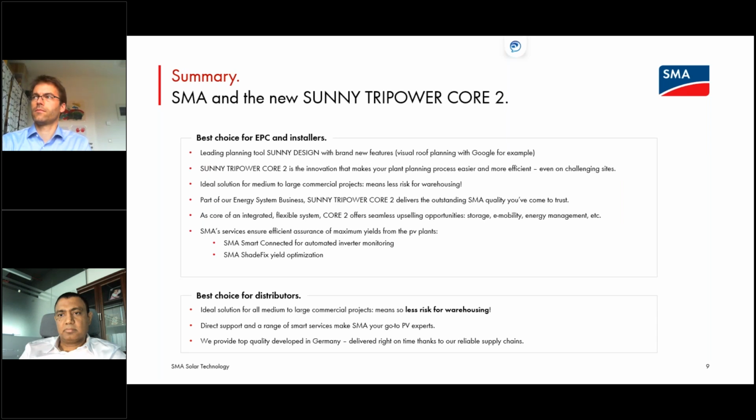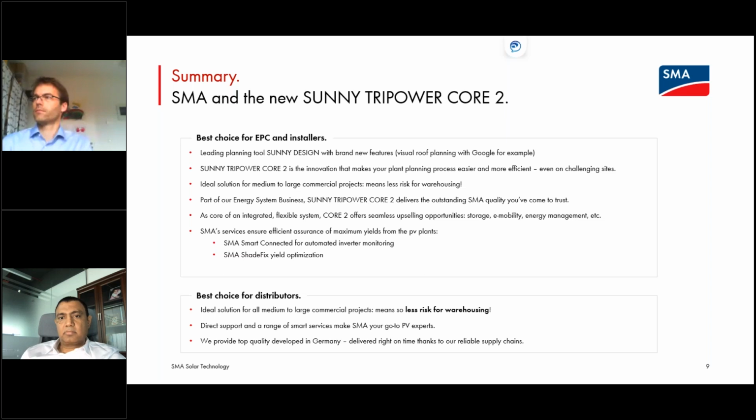As a summary, the good thing coming also as a third point is the integration into Sunny Design. So meaning, the design part will be easy to handle. The overall planning process is really easy. The system itself can be used for several types of applications, so that's also key for those who are doing wholesaling in this respect.